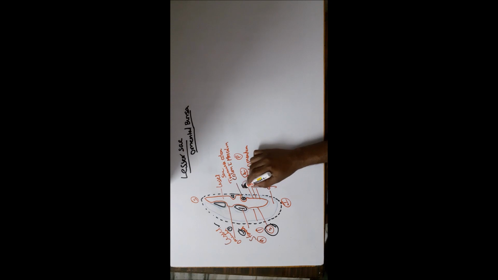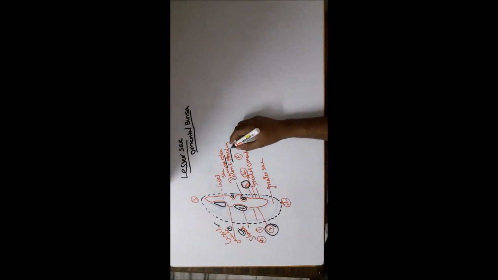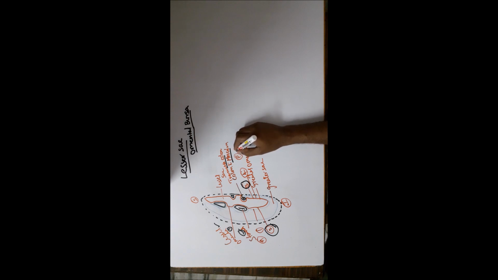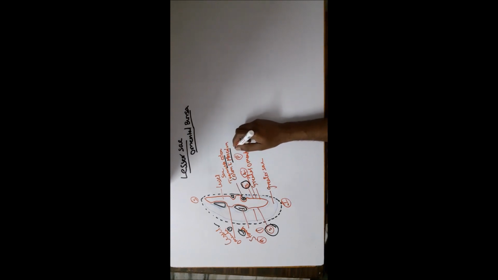Which ones in specific? The third layer of the greater omentum, then the peritoneum covering the transverse colon, which will be forming the anterior layer of the transverse mesocolon. Then we have some structures which form the stomach bed, which are in relation with the posterior wall of the lesser sac. What are they?